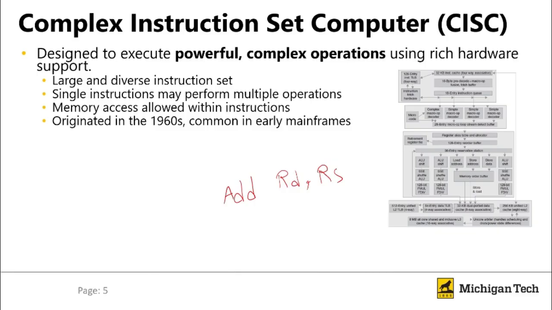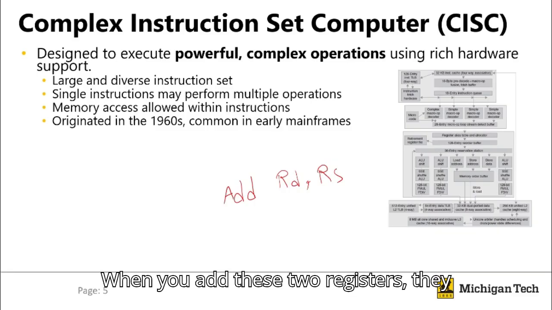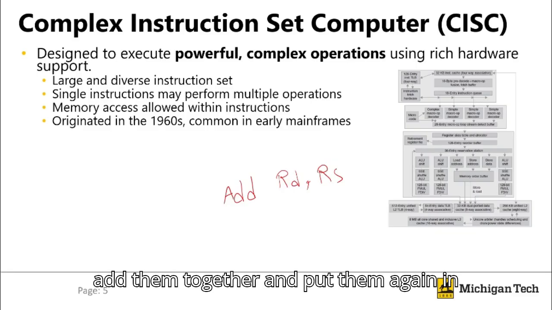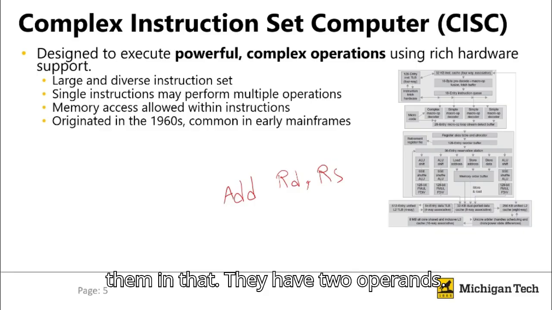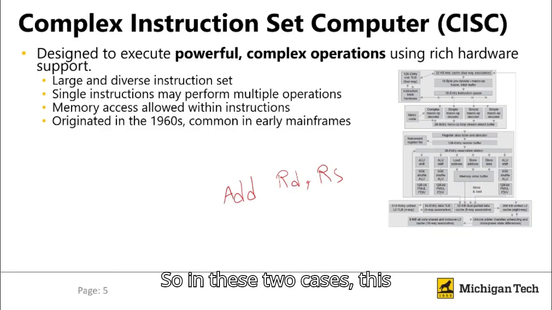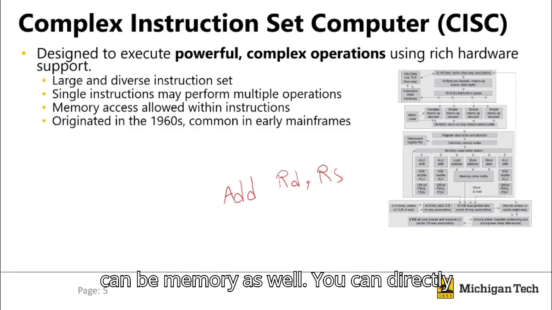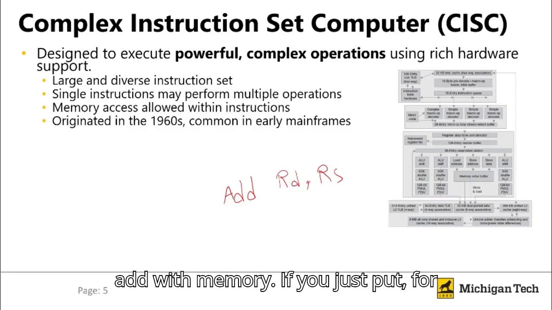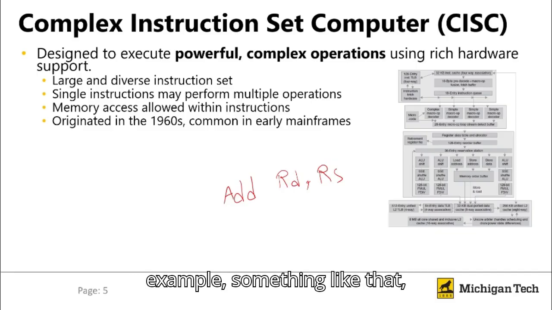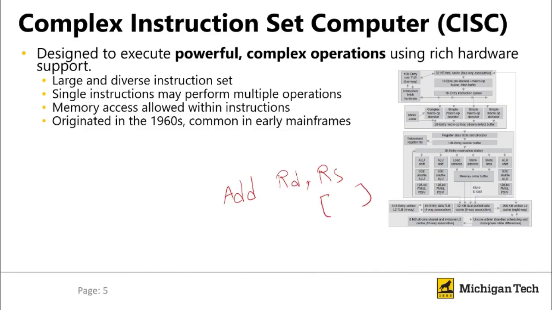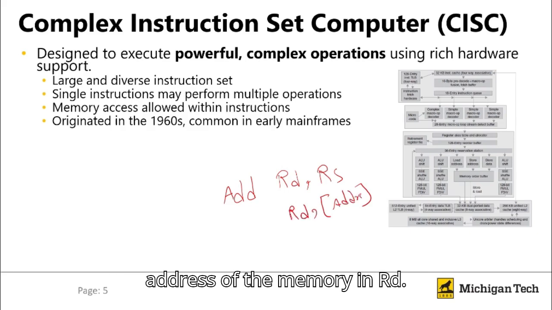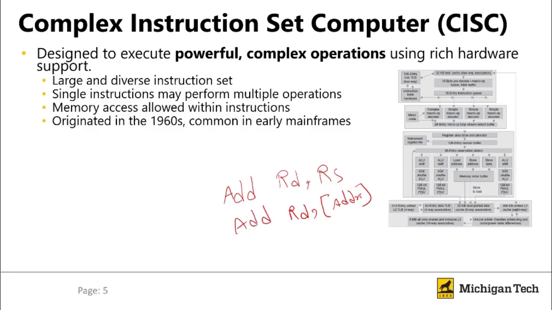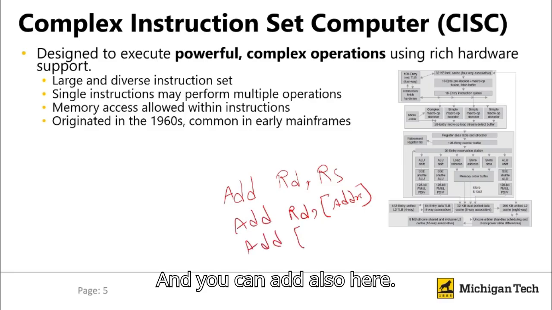In Intel, when you add these 2 registers, they add them together and put them again in this destination. They have 2 operands. So in these 2 cases, this can be memory as well. You can directly add with memory. If you just put, for example, something like that, this is the address of memory. You can address the memory in RD. And you can add also here.